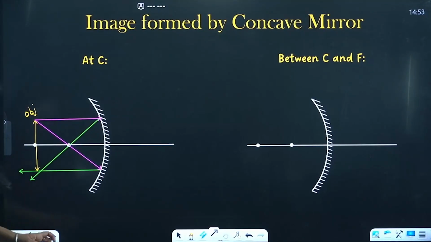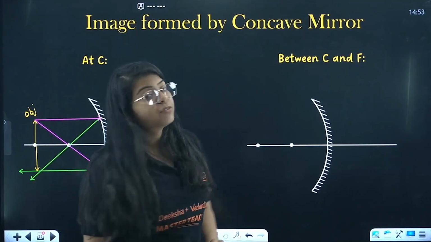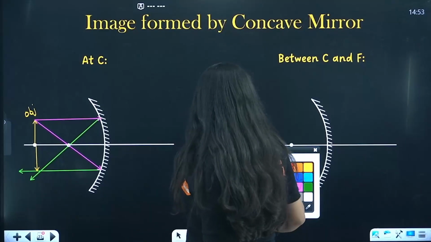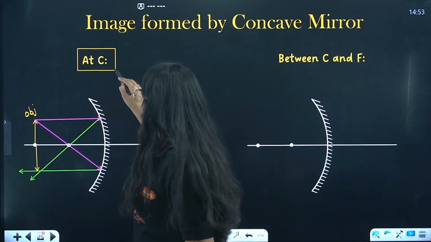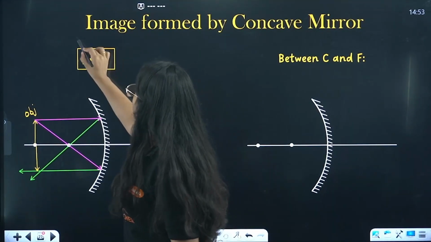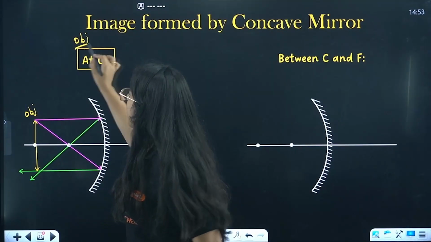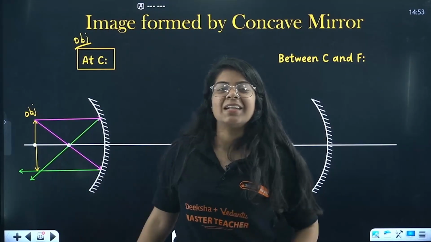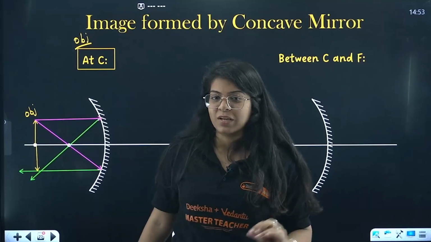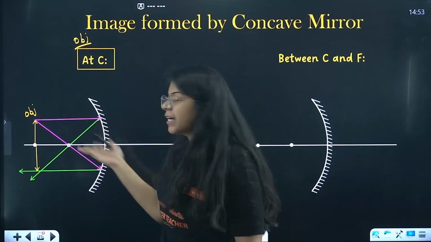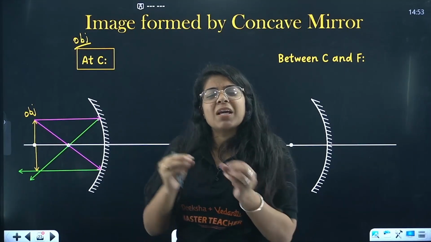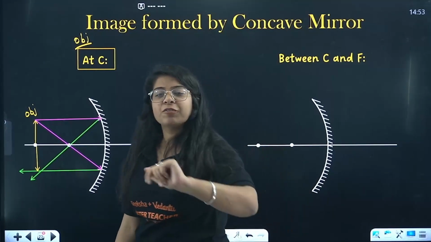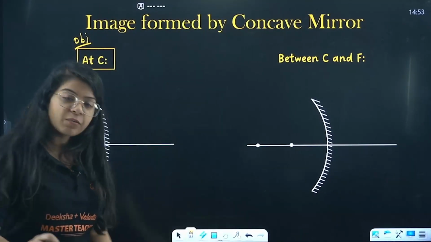Actually, in this case we have to remember that whenever the object is at C, the image will also be at C. You have to trace these rays a little bit. I will tell you the trick, no worries, because every time sometimes the rays go a little here and there, so you have to fabricate that a little bit.